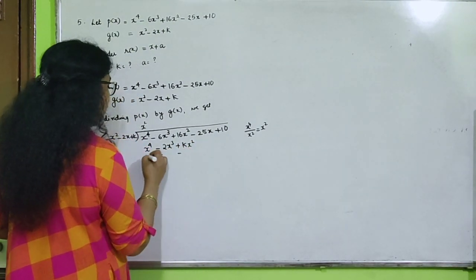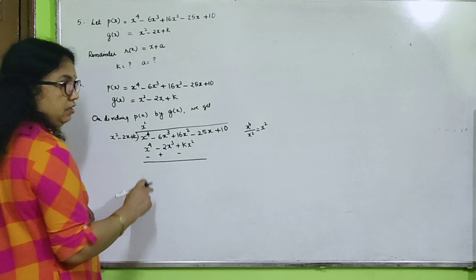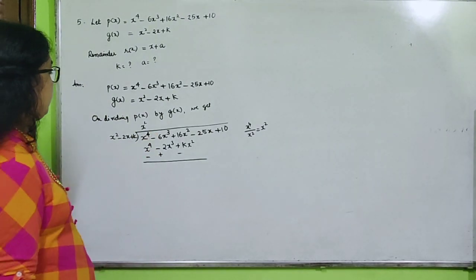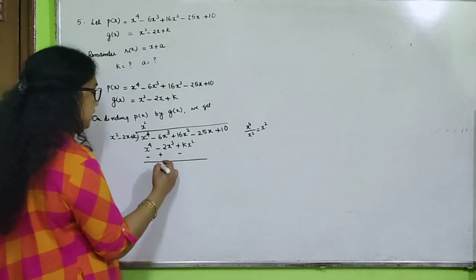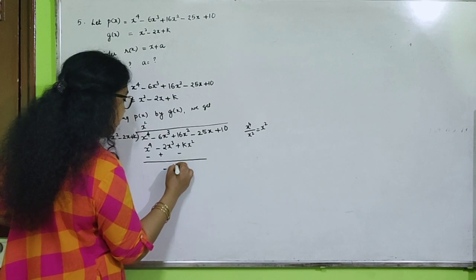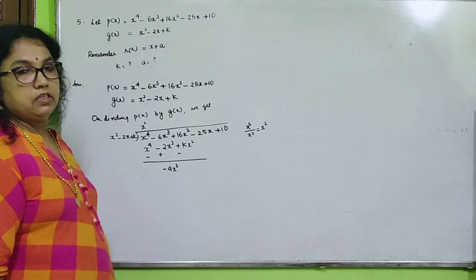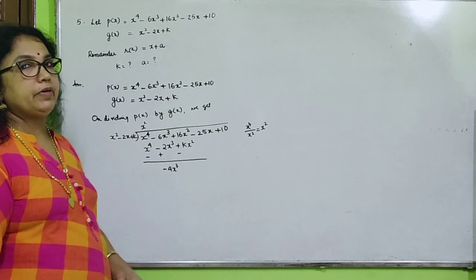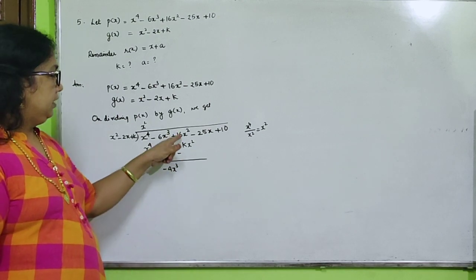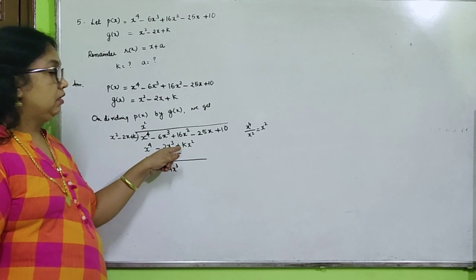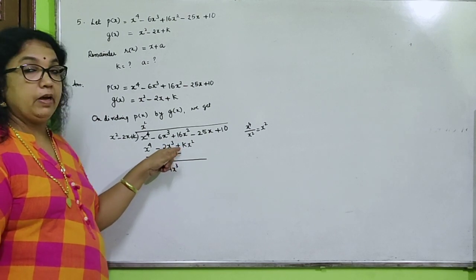Minus sign, if on the opposite side you have to put. This term cancels. Here different signs, subtraction: 6 minus 2 is 4, bigger number side, so 4x cube. Now here it is a little different. Here 16 minus 5, like that, we can easily subtract numbers. But here, instead of an integer, an unknown value k is given.